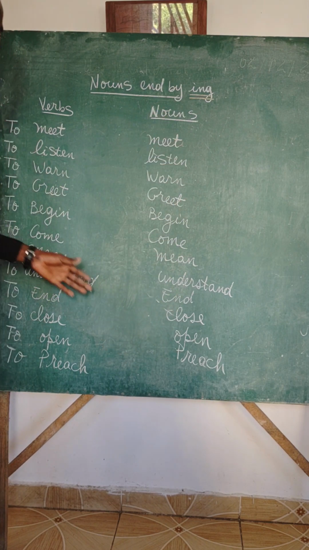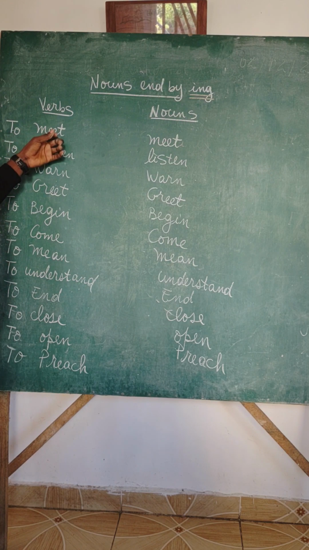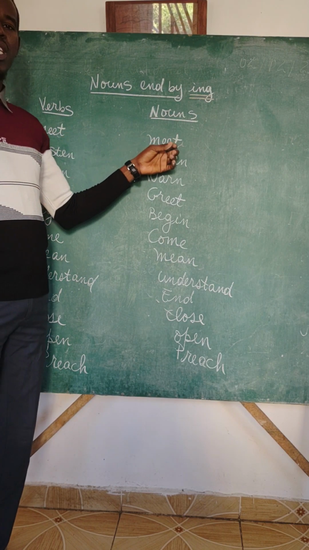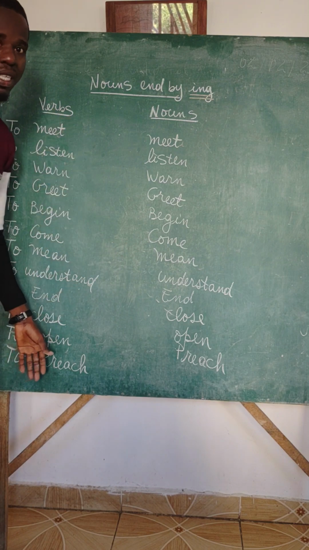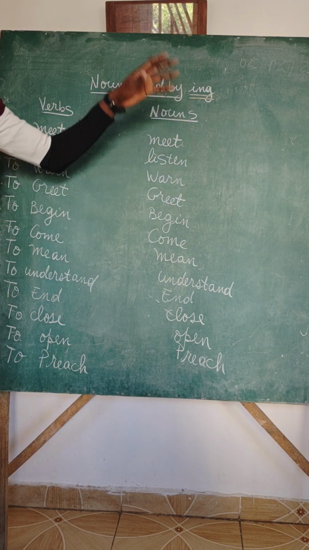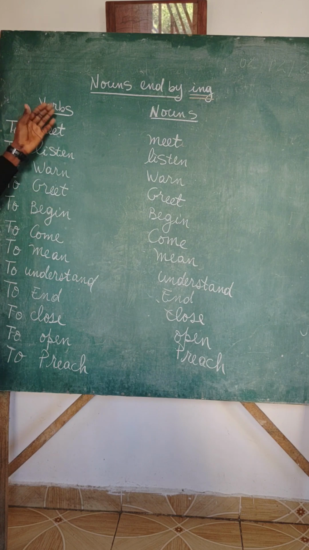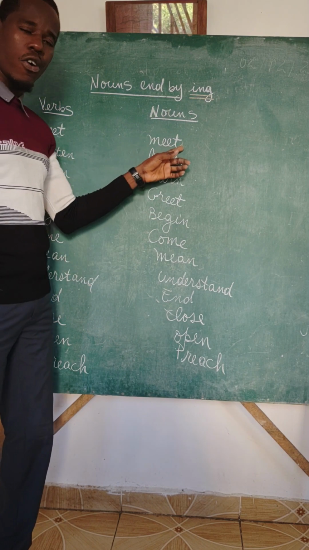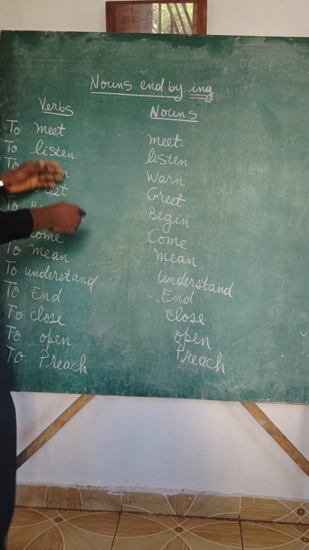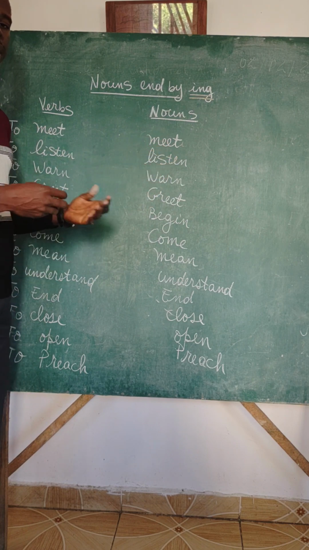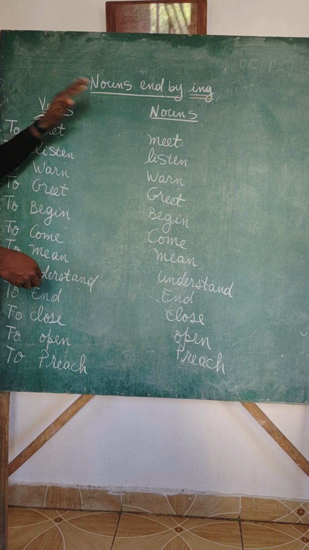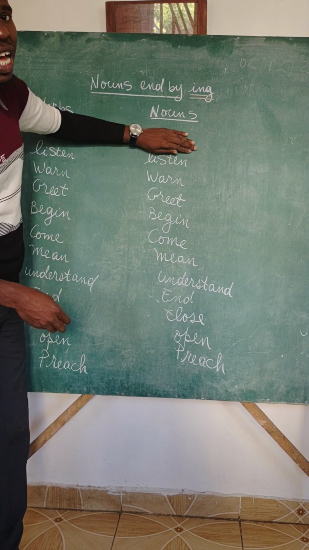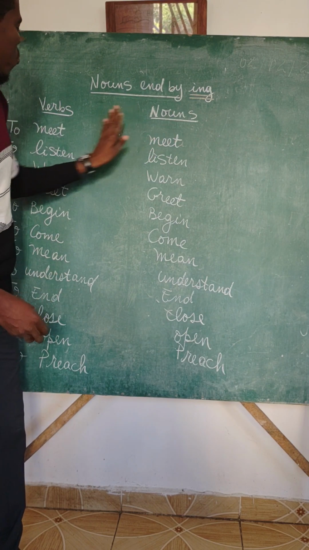What do you notice? Meet is a verb, and I use meet. What can you do? Some verbs, not all verbs, you can transform into nouns. How? You keep the base form. The base form is the verb without to. To meet is a verb. Meet, I can use it as a noun, so I don't use the to.